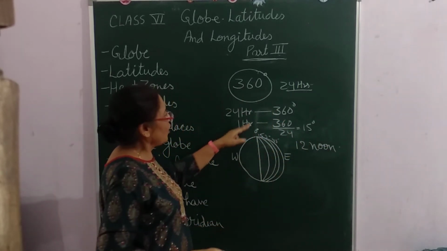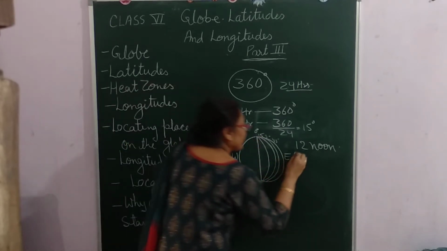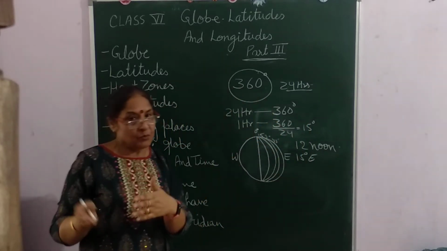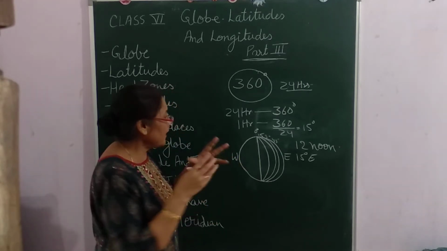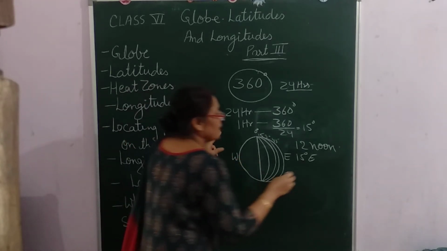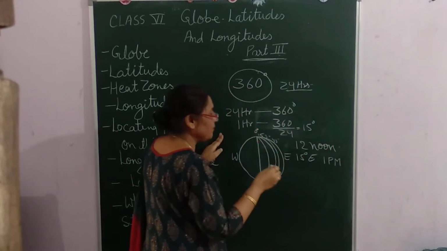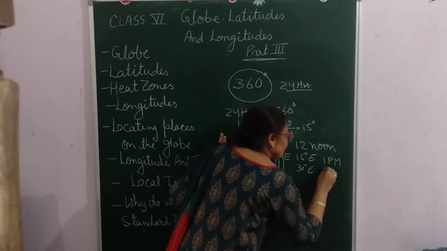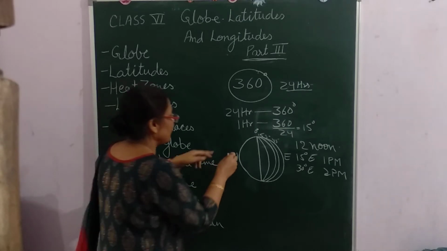Then what would be the time at 15 degrees east? East means when we are moving towards the east, we have to add the time. Clear? So what would be the time? 1 p.m. And what would be the time at 30 degrees east? 2 p.m.